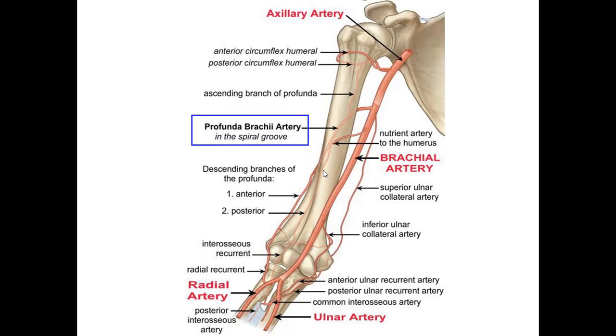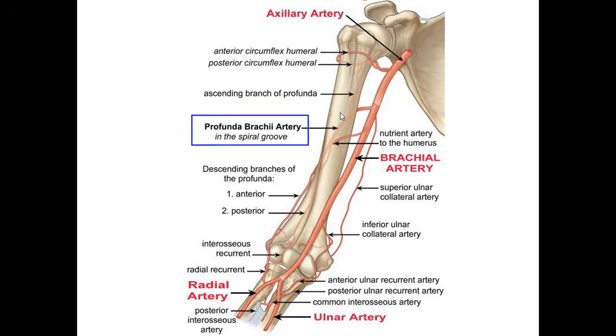The anterior branch anastomoses with the radial recurrent artery. The posterior branch anastomoses with the interosseous recurrent artery. The profunda also gives a branch to the humerus and muscular branches to the triceps muscle.